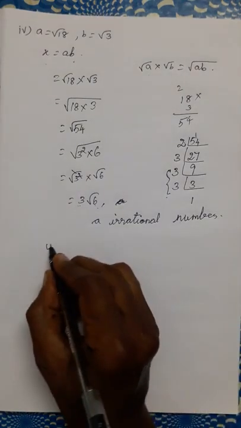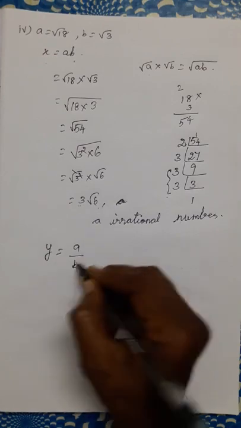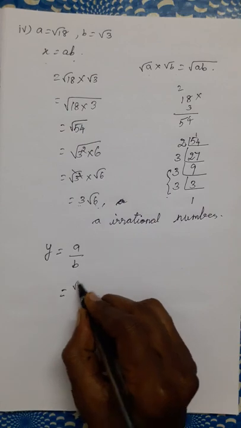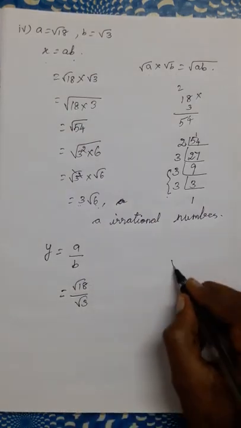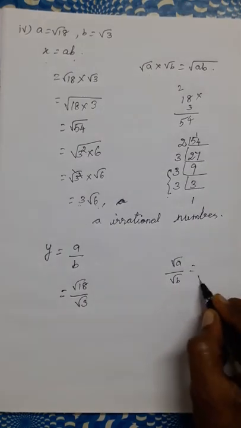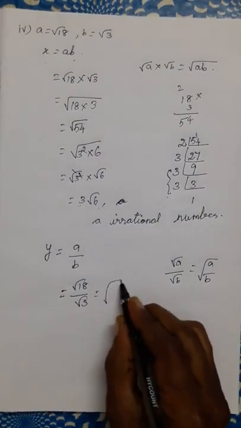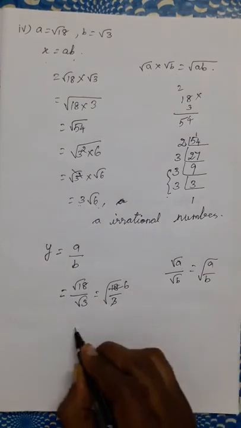Next, y is equal to a by b. In place of a, root 18; in place of b, root 3. When we use the property root a by root b is equal to root of a by b, it is equal to root 18 by 3. 6 threes are 18.